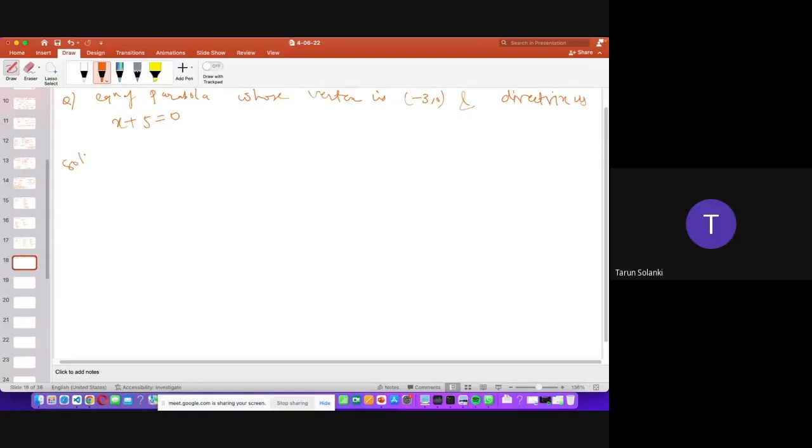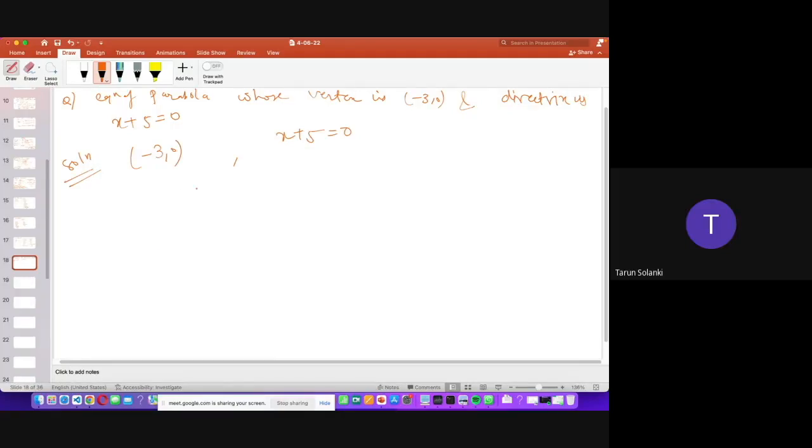So solving this, the line passing through the vertex (minus 3, 0) and perpendicular to the directrix x plus 5 equals 0 is the x-axis, which is the axis of the parabola by definition.